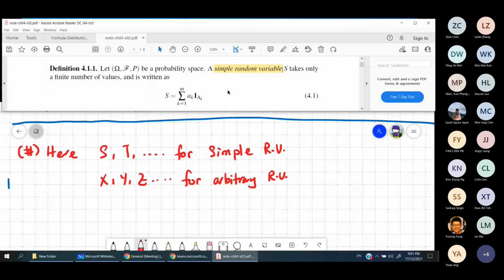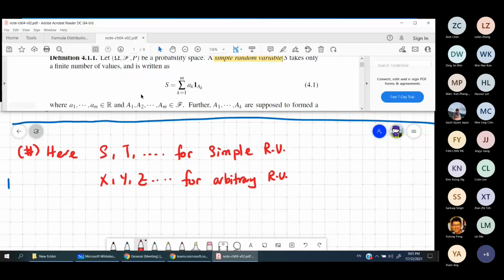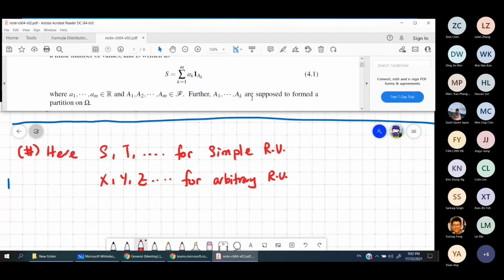Okay, what is a simple random variable? We have discussed this in chapter 2. A simple random variable S is a random variable which takes a finite number of values. And we can always write a simple random variable as a linear combination in this form. In particular, we always assume A1 up to AK to be a partition for omega. I think you know the meaning of partition.